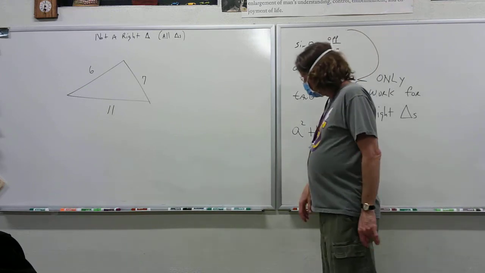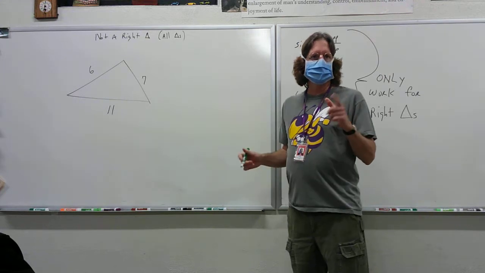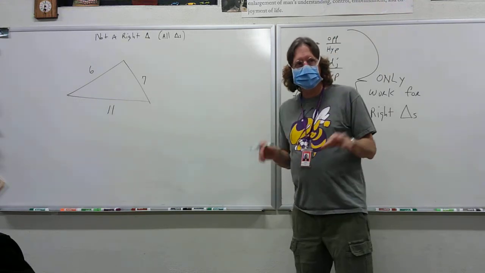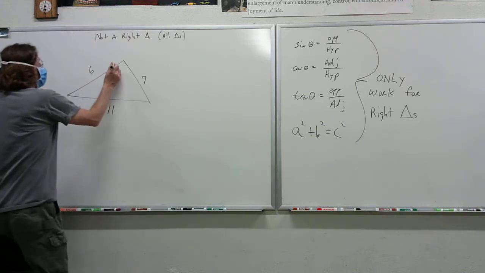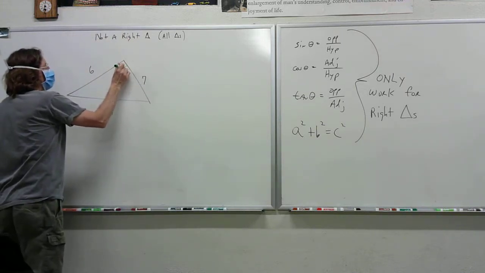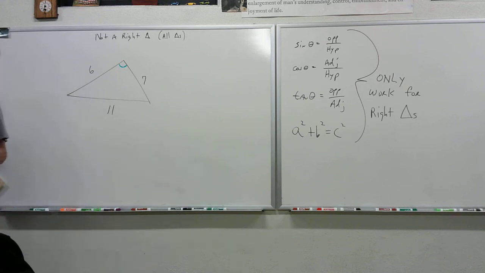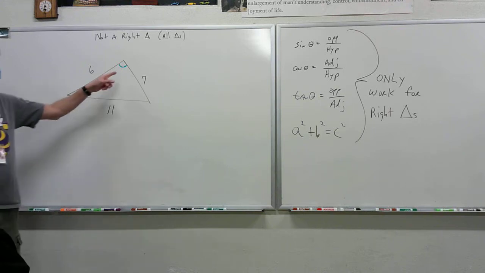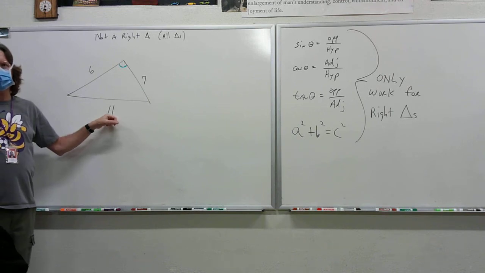But here's what we want to do. We're going to use one of the laws, and we'll teach you the laws today. But if we have 3 sides, we are always going to find the largest angle first. If you don't know any angles at all, always find the largest angle first. Now, the largest angle is always going to be opposite to what? Largest side.